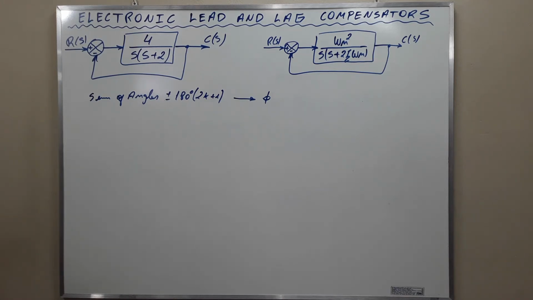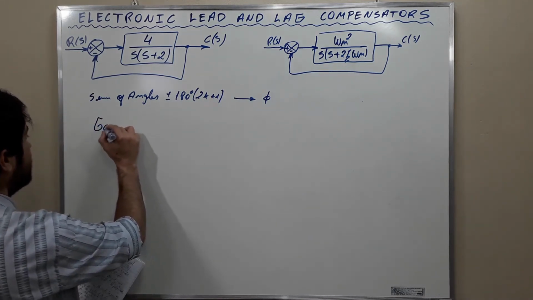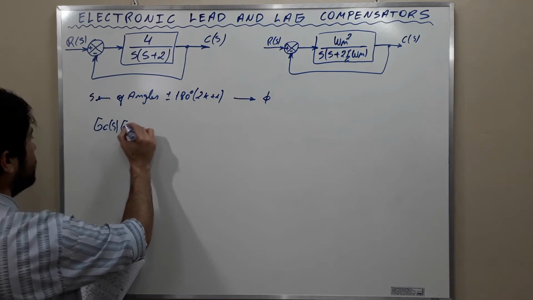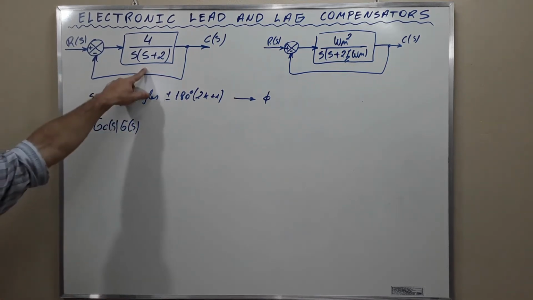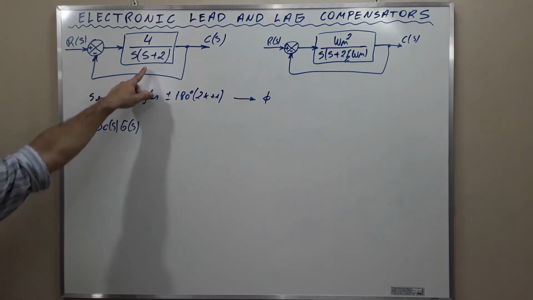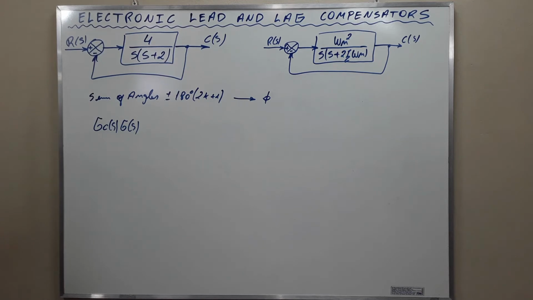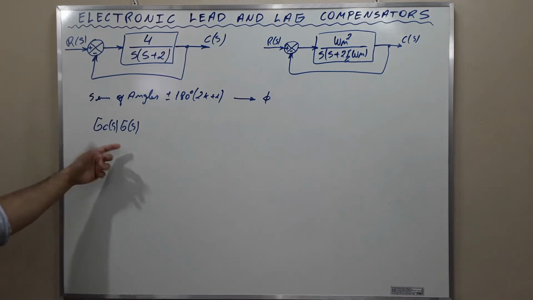All right? Then let's go over the open loop transfer function of the compensated system, Gc(s)G(s). G(s) is this, the transfer function or the block diagram of the original system, and this is the block diagram of the compensator.